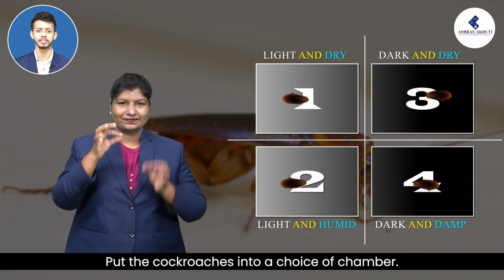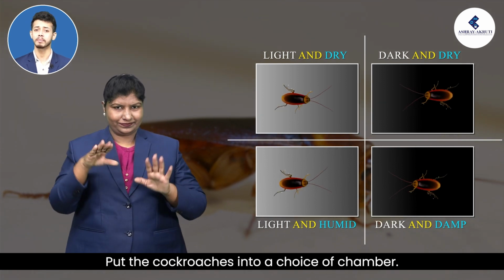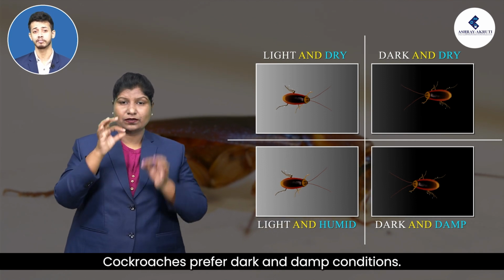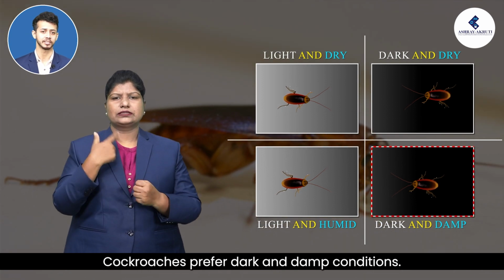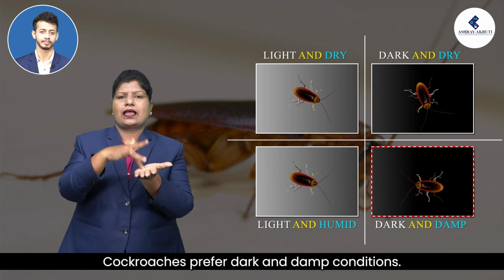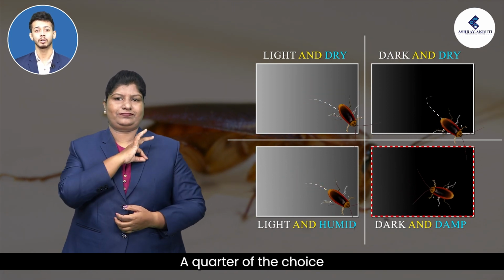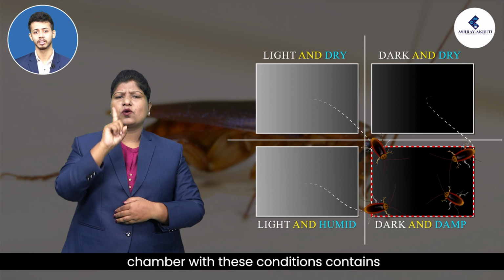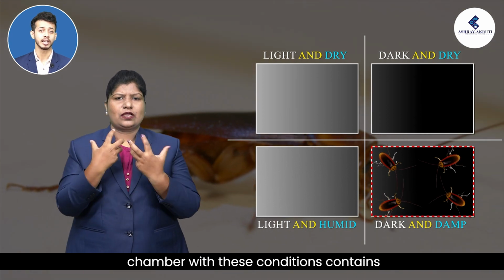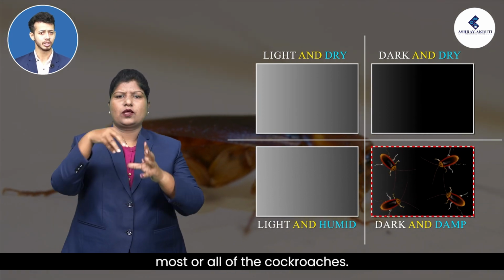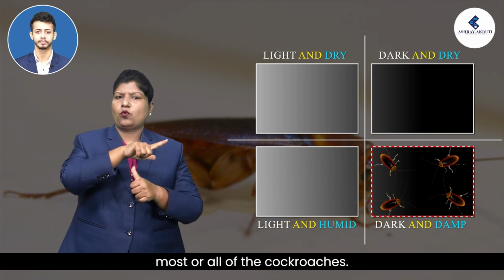Put the cockroaches into a choice of chamber. Cockroaches prefer dark and damp conditions. A quarter of the choice chamber with these conditions contains most or all of the cockroaches.